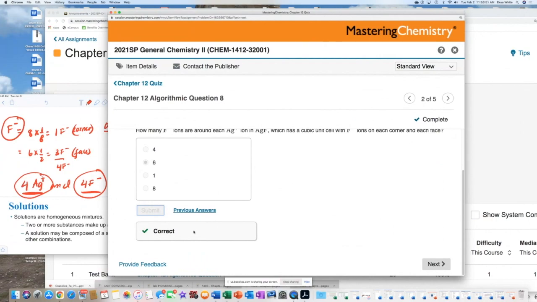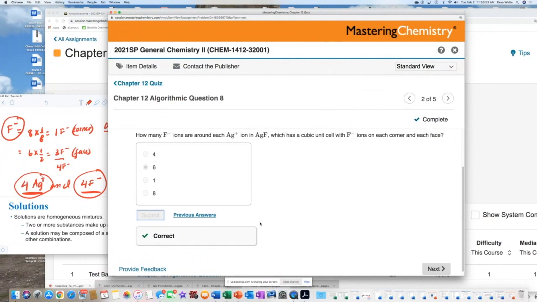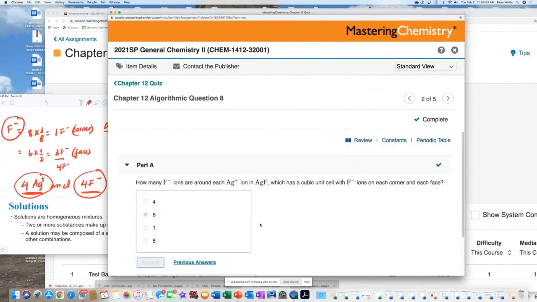I had to overthink it, guys, because the more I read the question, I'm like, no, they're asking you something different. So here's the thing. This question is not the same as the first question. At first, when I jumped into it, I got excited and I moved. I was like, this is almost the same, but it's not. They're asking you how many F minus ions are around each Ag plus.